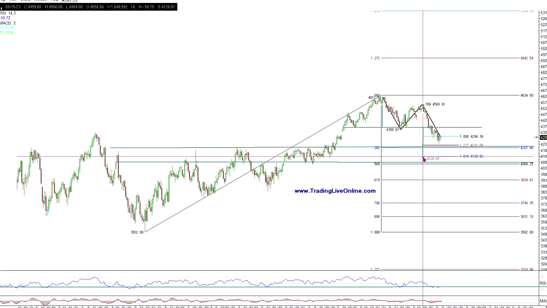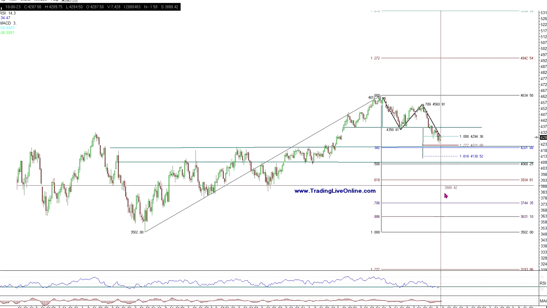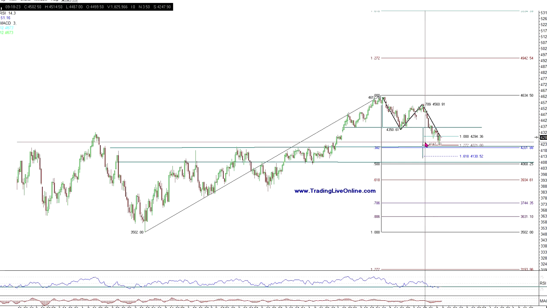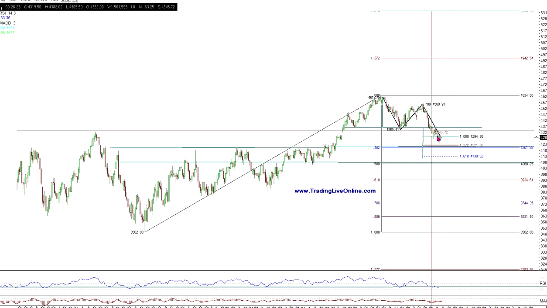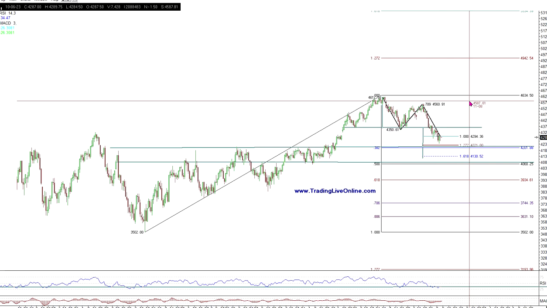However, it's important to point out that not all patterns that use measured moves always get to the price objective. Sometimes they will get to it, sometimes they'll go beyond it, sometimes they'll fall short of it. So you just have to monitor the price action.